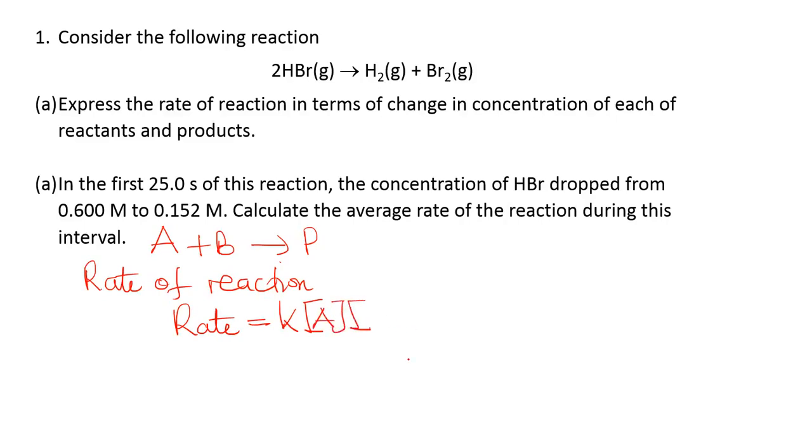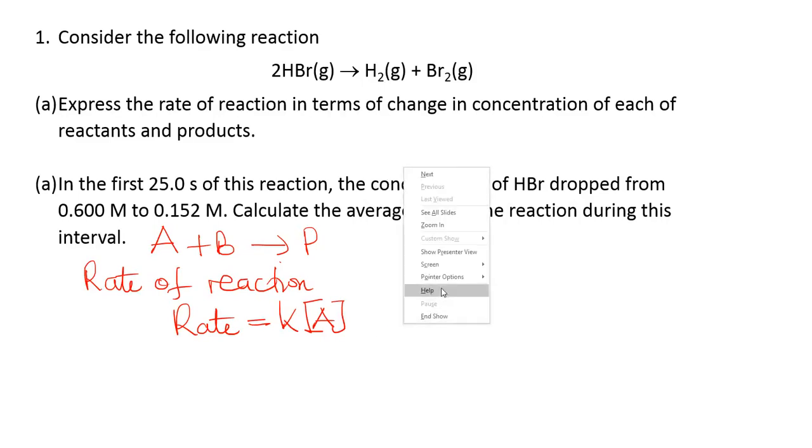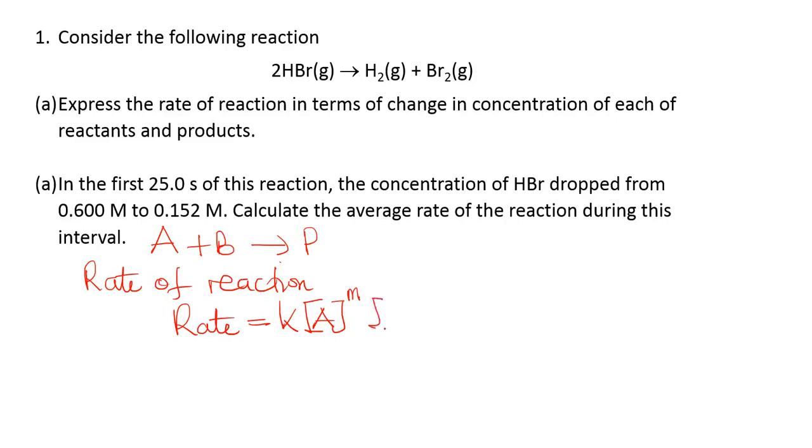In this case, the concentration of A and the concentration of B, but now to the power m, the concentration of A to the power m, and the concentration of B to the power n.